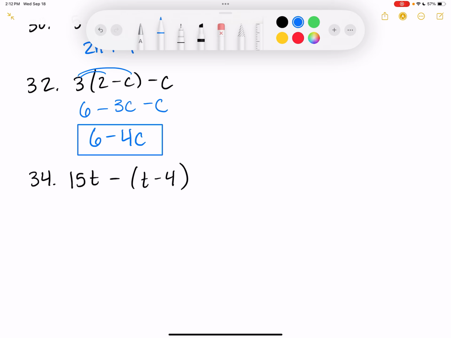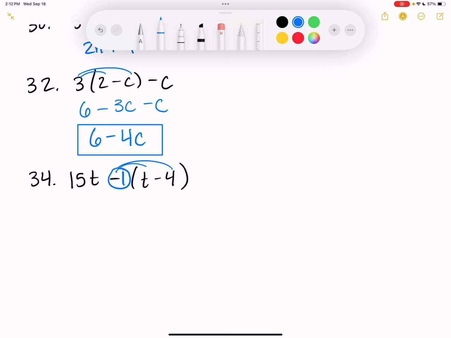No, subtract. It's a minus sign, right? So this isn't touching this, so I can't distribute this to everything. But I am distributing this imaginary negative 1, right? So that's going to both of those things.